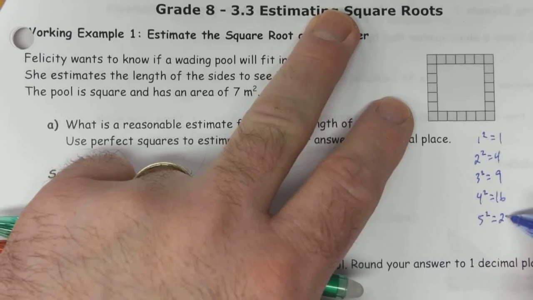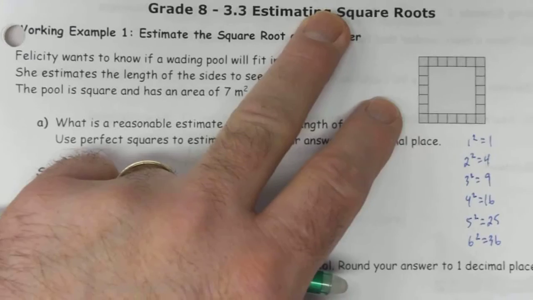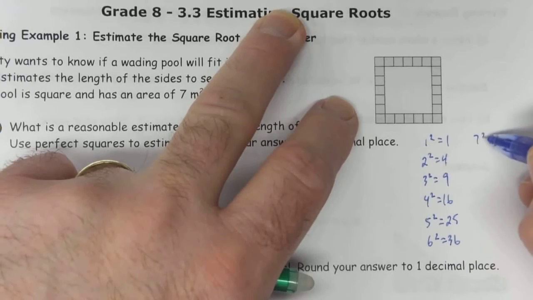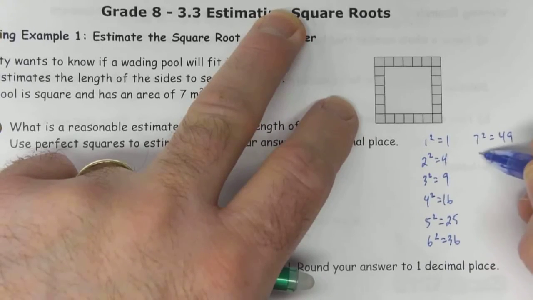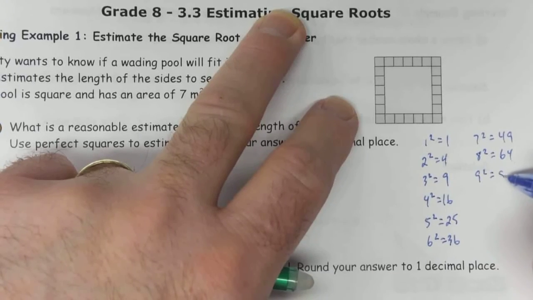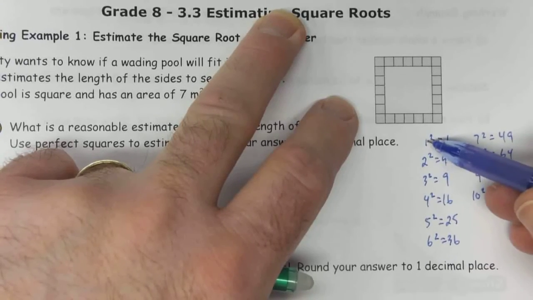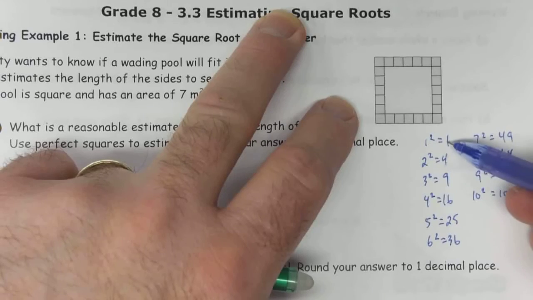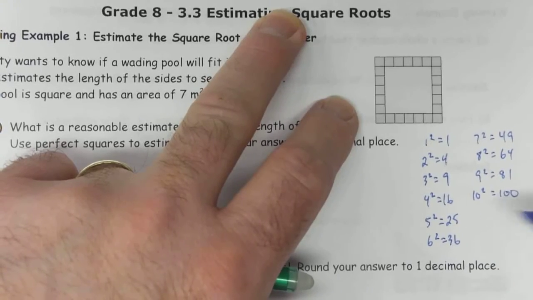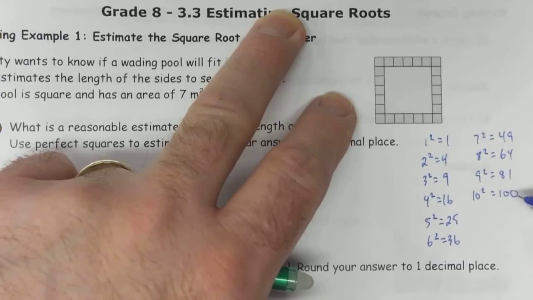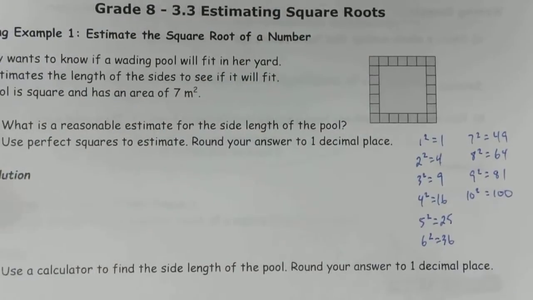I'm just going to write these all out up to 10, just so that we have it as a quick reference moving forward, because it is handy to have. So these are the numbers 1 through 10 squared, and this includes the perfect squares from 1 to 100. These are all of the perfect squares between 1 and 100.